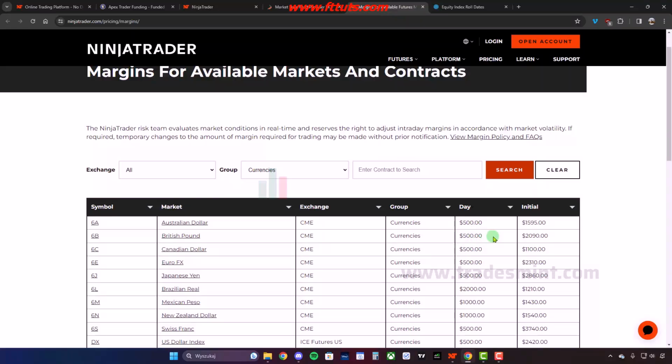So if you trade during the session if you are a scalper. But if you want to hold your positions overnight, you need to have at least this amount of money. So if you're going to sleep and the price is going down, you will hit that one, all your positions will be closed.